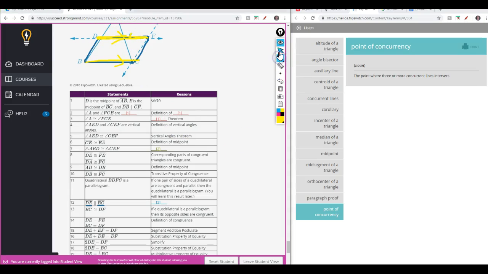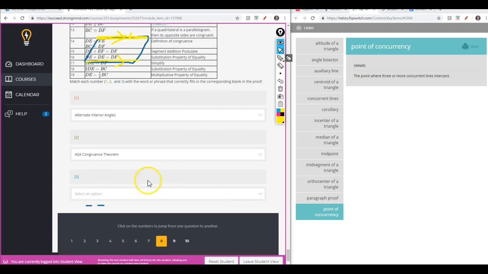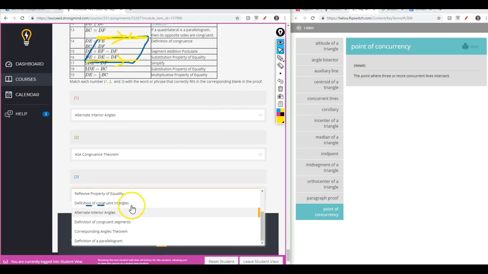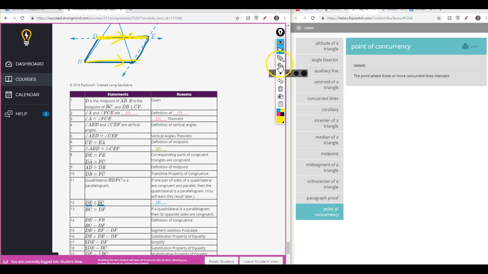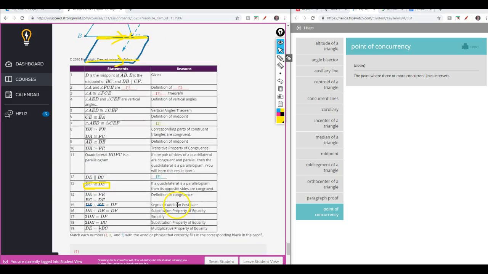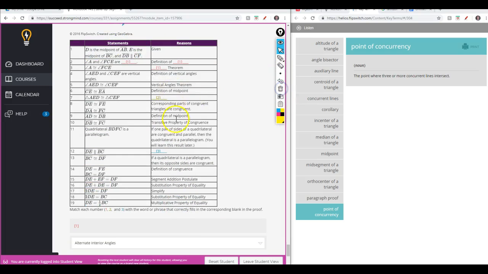That is based on just the definition of a parallelogram, because parallelograms have opposite sides that are parallel. So that's our definition, and I used that context clue right here, parallelogram. So that's how I would step through this proof and answer the questions.